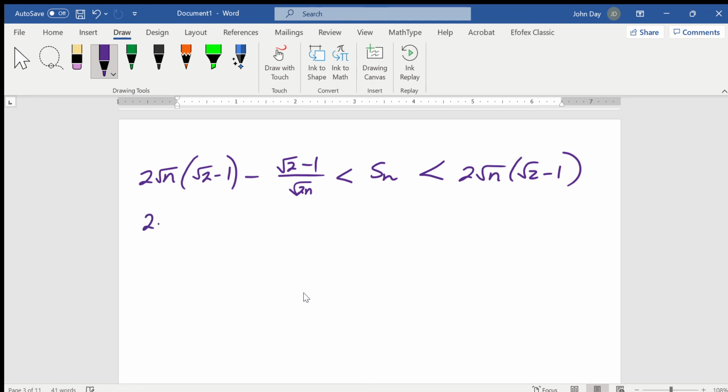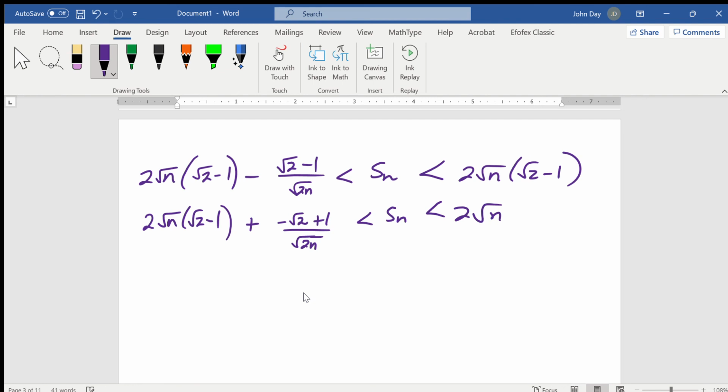I've got 2 root n root 2 minus 1. Now, if I make that a plus, then we've got a minus root 2 plus 1 on root 2n, and that's the same thing.